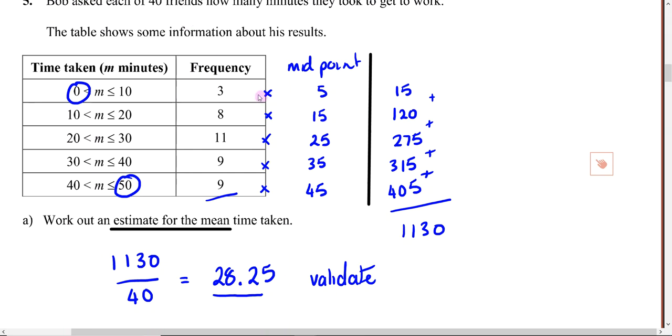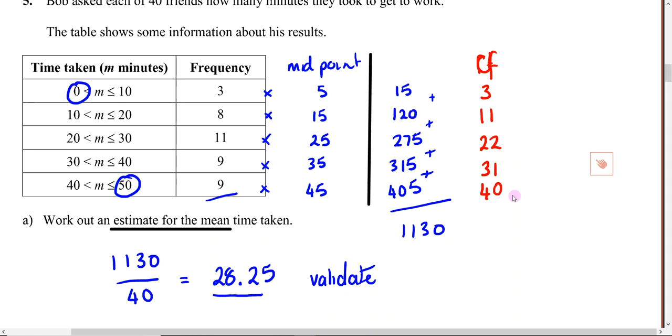If we do cumulative frequency, the cumulative frequency is what? We've got 3, then 11, then 22, and then 31, and then 40. Okay?